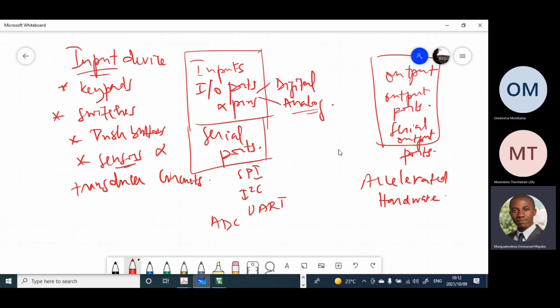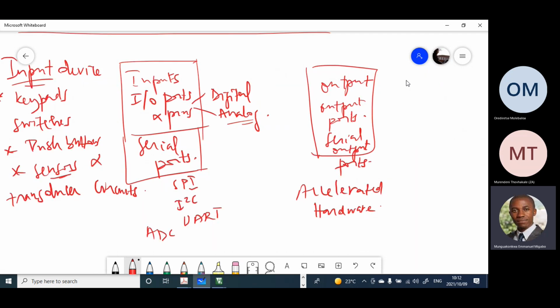But of course, in terms of output devices, because there's module and there's device, I keep on insisting on that, that is where you get your screens, LEDs, all your indicators, LCDs, 7-segment displays.